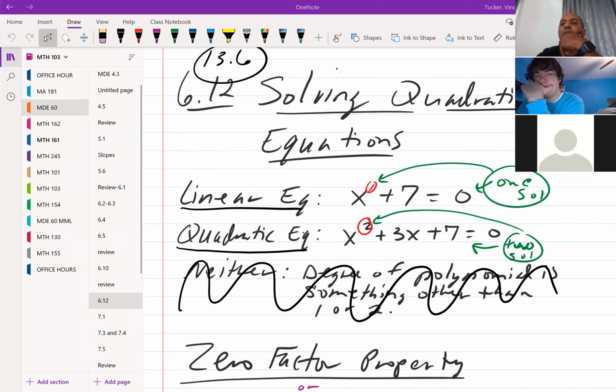Okay, so here we go. 13.6, solving quadratic equations.